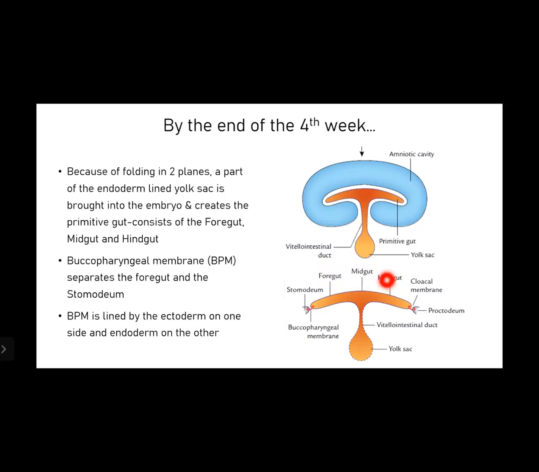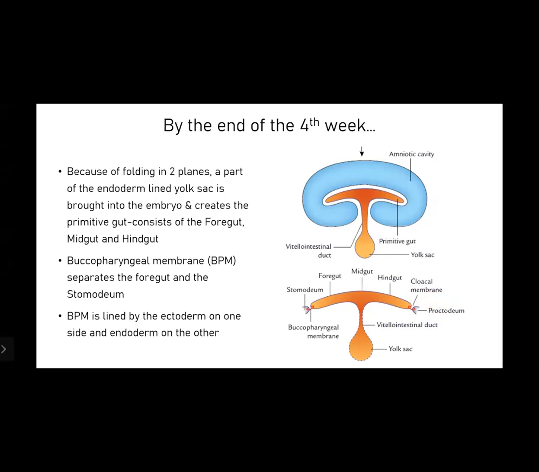At the cranial end, like I told you, you have the stomodium, which is the primitive oral cavity, and this is separated from the foregut by the buccopharyngeal membrane, which only consists of ectoderm and endoderm. And at the caudal end, you have the proctodeum, and that's the cloacal membrane, which again consists only of the ectoderm and the endoderm.